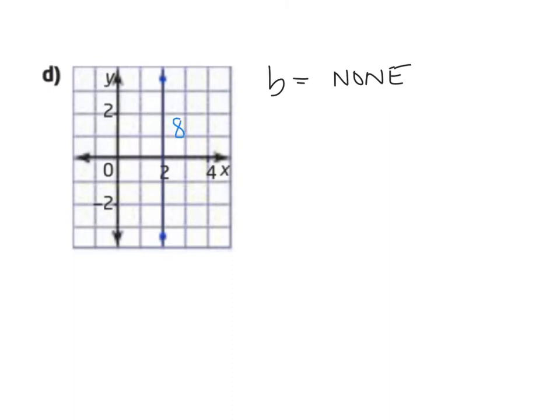The only issue is going to be the run. There is no run for a line that looks like this. It is not running or moving in any kind of horizontal or flat direction. So we could say then that the run is 0. If I were to input those values into my formula for slope, my rise would be 8, but my run would be 0.